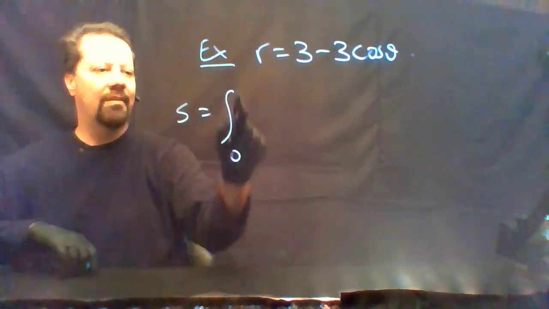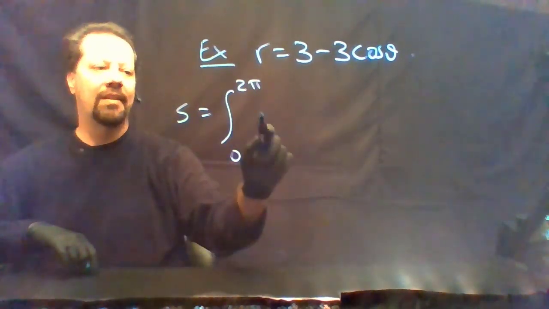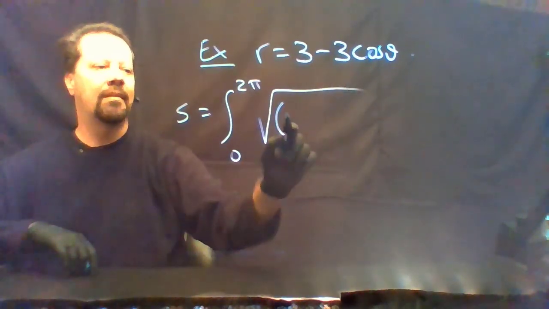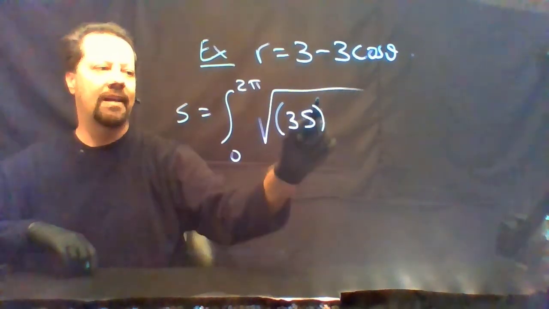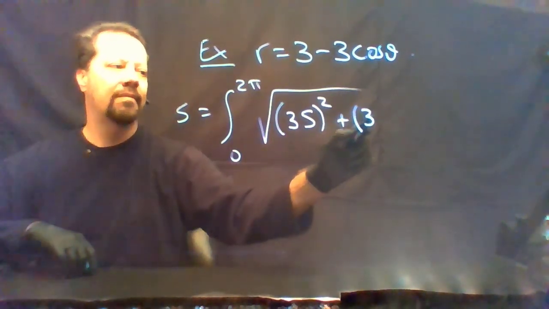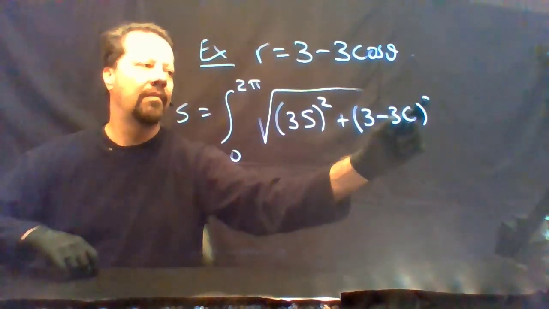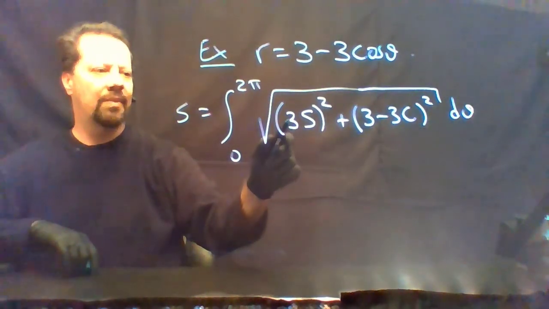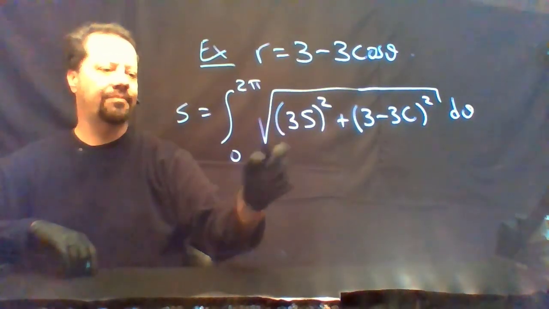We'll integrate all the way around, and the formula was the square root of r prime squared plus r squared. r prime is going to be 3 sine theta. Notice we'll have a 3 squared from here.